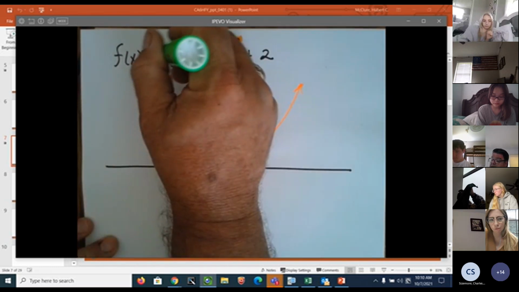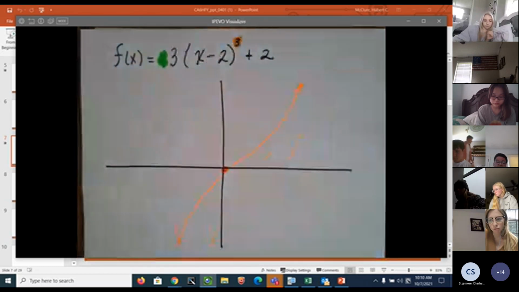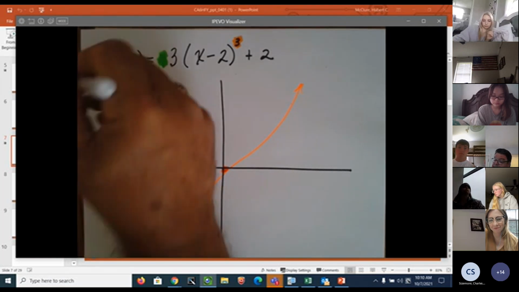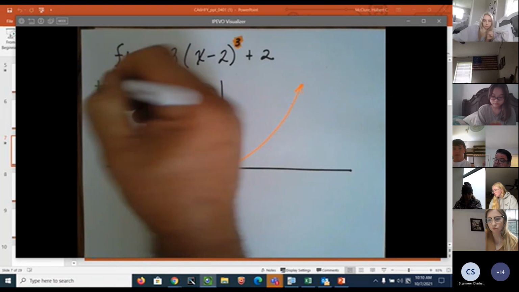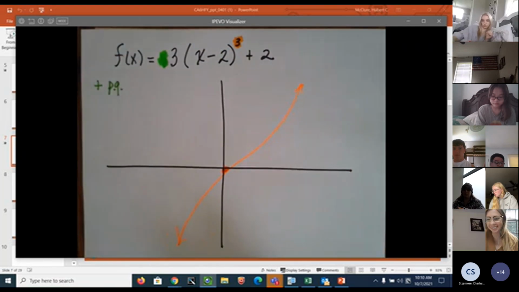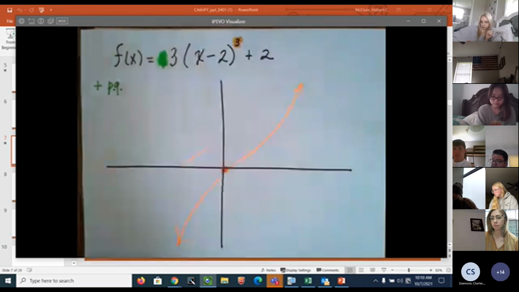Well, I've got a positive right there. So positive means that it's going the same way as the parent graph. The 3, I'll color it purple.